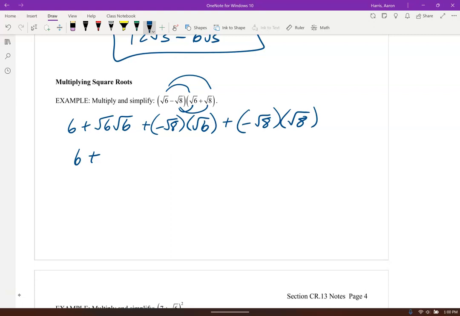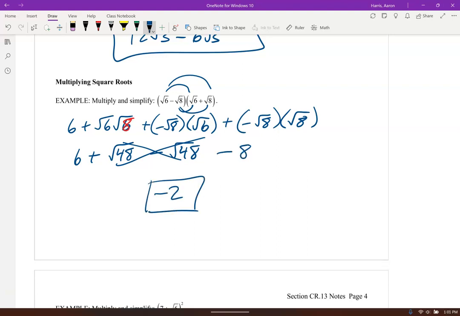I wrote that wrong. Outer is the square root of 6 times the square root of 8. Sorry about that. So square root of 48 minus the square root of 48, so those are going to be gone. And then minus 8. 6 minus 8, we got negative 2 on that one.